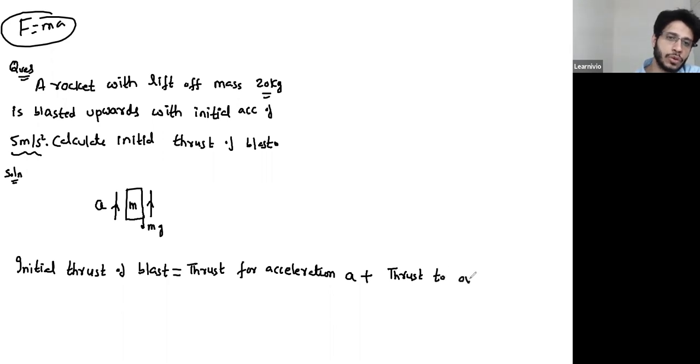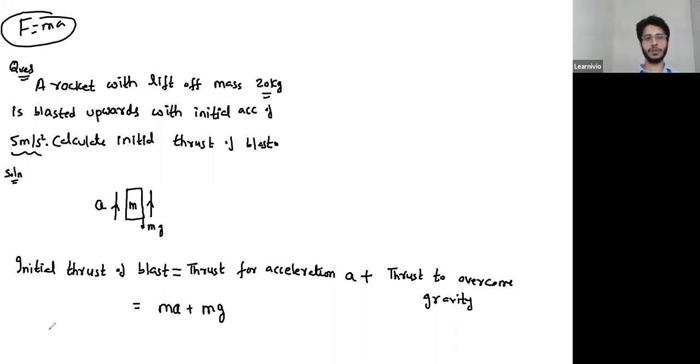Thrust for acceleration means the force required to provide acceleration a, that is ma, plus the force required to overcome gravity. To overcome gravity, you need a force mg. So the initial thrust of the blast is ma plus mg.